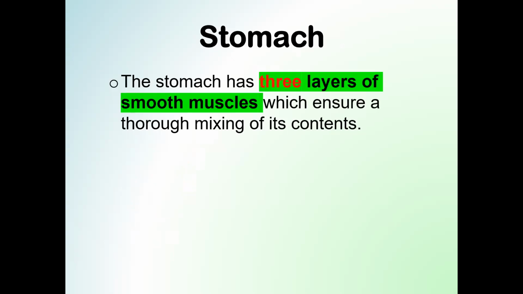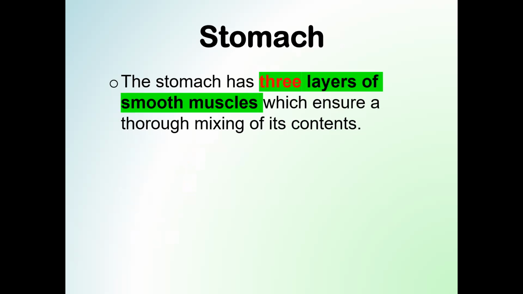Okay, the three layers of muscles. So we have two layers which are perpendicular to each other, at right angles. And then there's another layer that's at an angle to them, about 45 degrees. And so they can actually squeeze away.